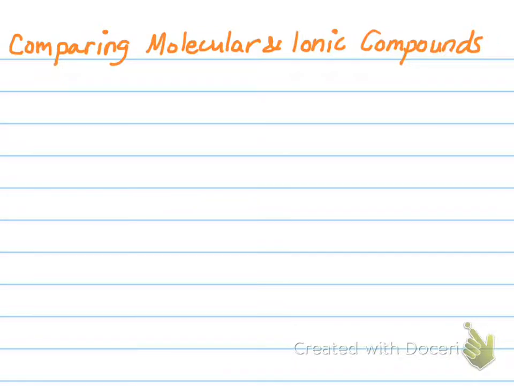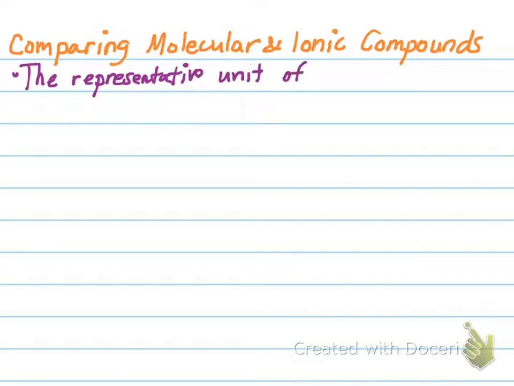So we kind of want to compare molecular and ionic compounds, what might be the same about them, what might be different. Okay, so the representative unit of a molecular compound is a molecule.